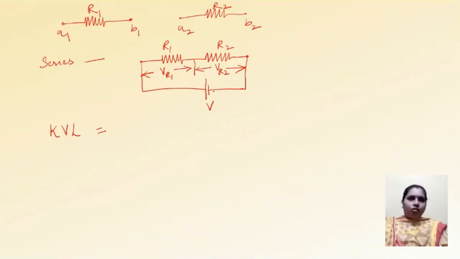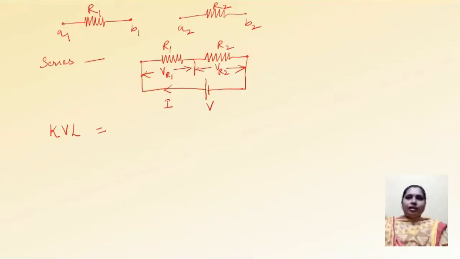Or you can also say that the source voltage is nothing but the algebraic sum of the voltage drops across the circuit. When we apply this voltage, a current starts flowing. A current is flowing through the resistor R1, so it will develop a voltage VR1, that is the voltage drop across R1.